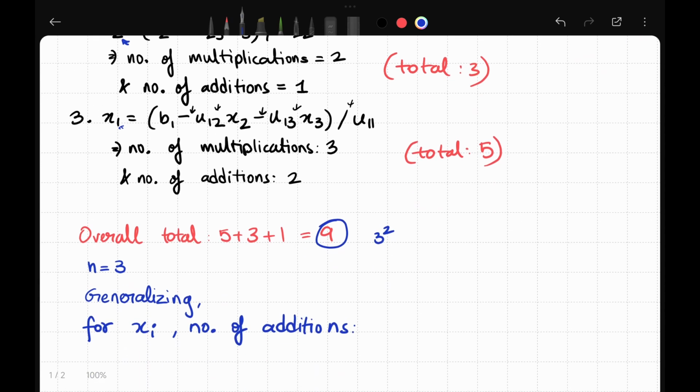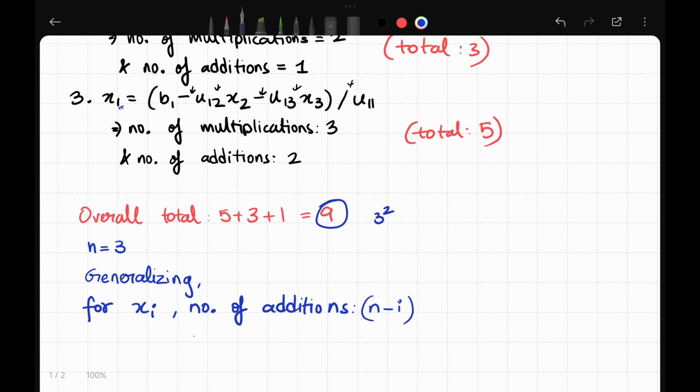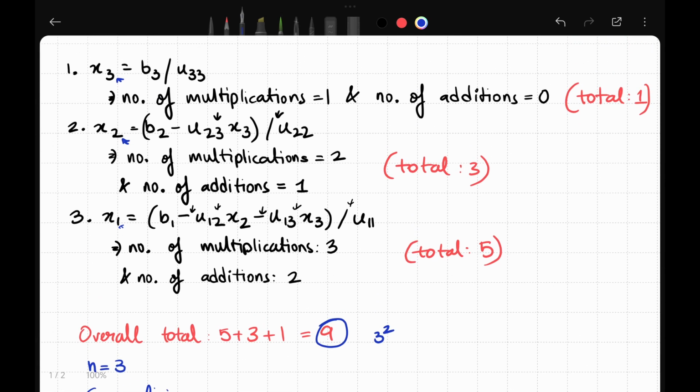So I can say that the number of additions is equal to n minus i. And if you see the number of multiplications, it is always 1 more than the number of additions.